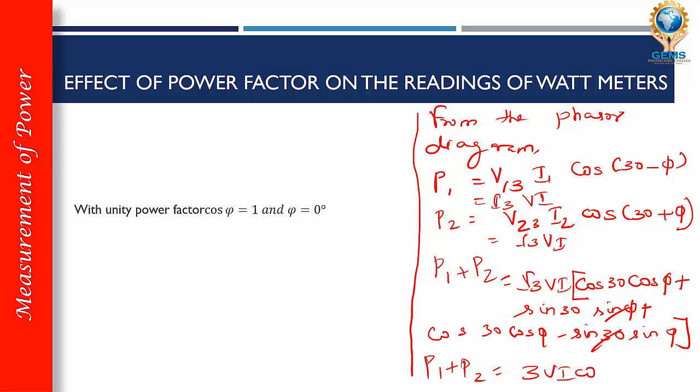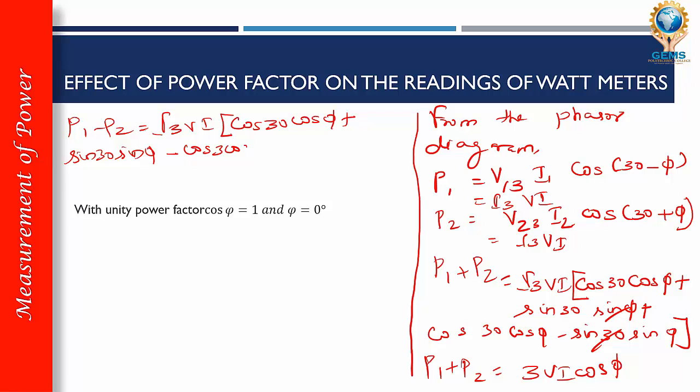phi. And similarly we can find out P1 minus P2 also. So P1 minus P2 will be the difference of these two powers, which is nothing but root 3 VI, I take again common out. When I expand this cos(30 minus phi), I get cos 30 cos phi plus sin 30 sin phi, and minus of cos 30 cos phi plus sin 30 sin phi.